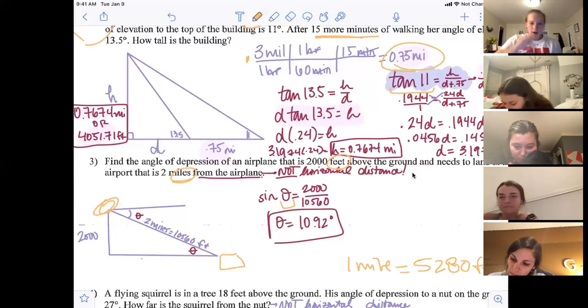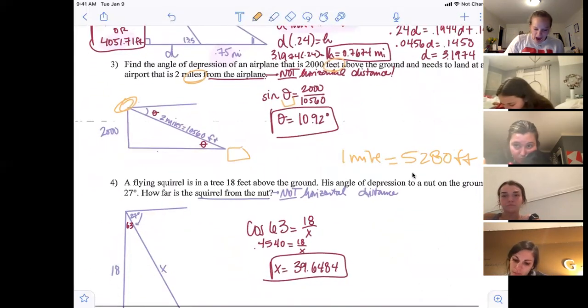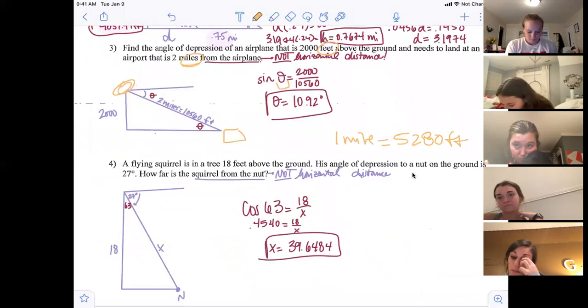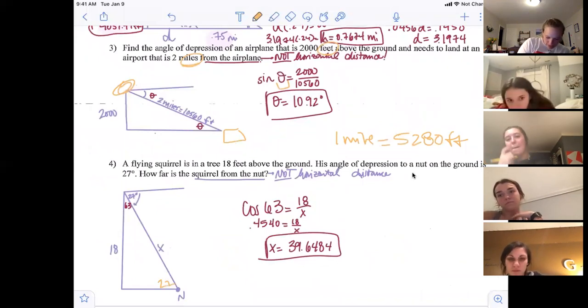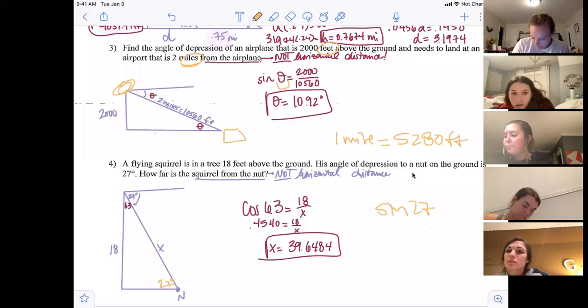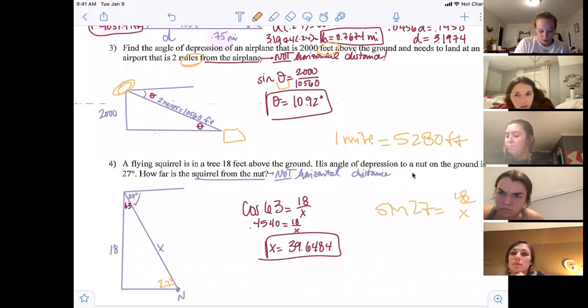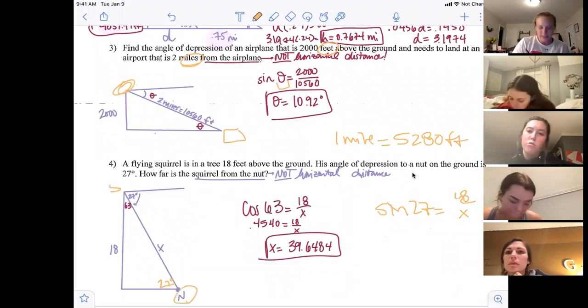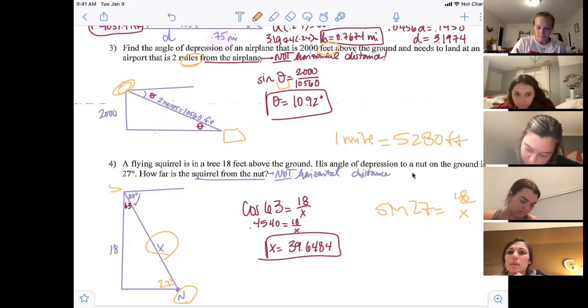Okay. Number 4, I did weird. I'd probably put 27 down here and do sine of 27 equals 18 over x, but you should get the same answer. Again, it says how far is the squirrel from the nut? And so that's not the horizontal or the vertical distance. It's like the slant distance.